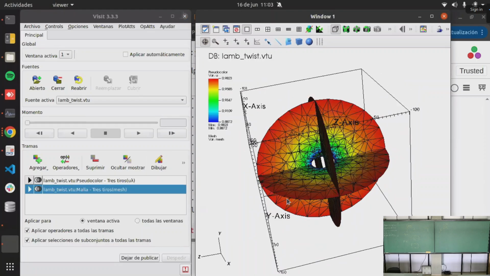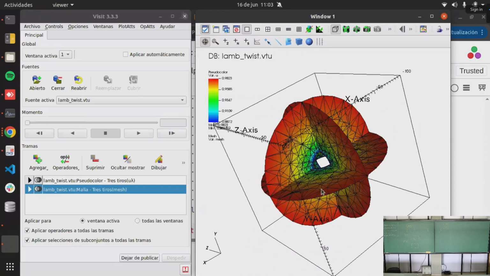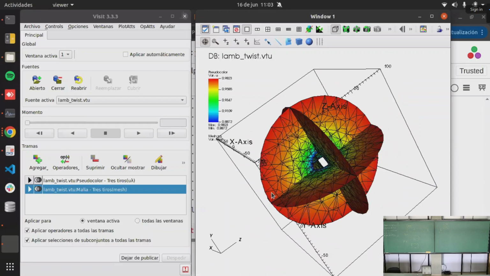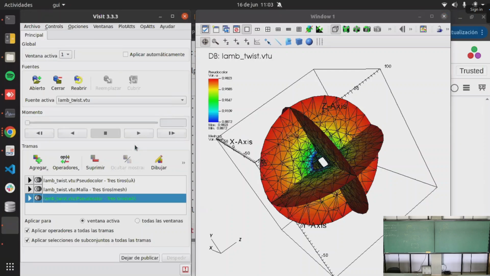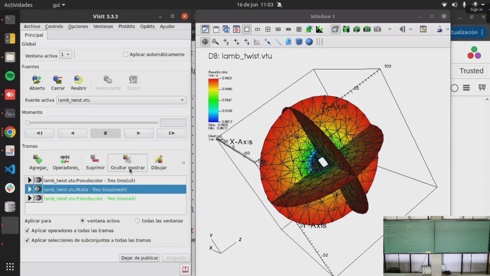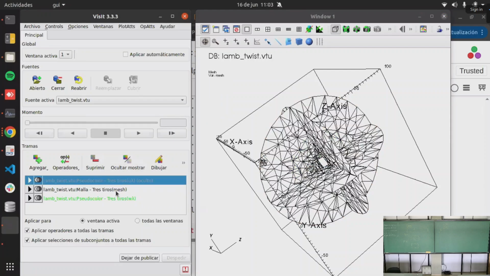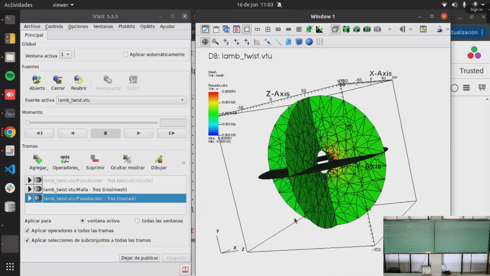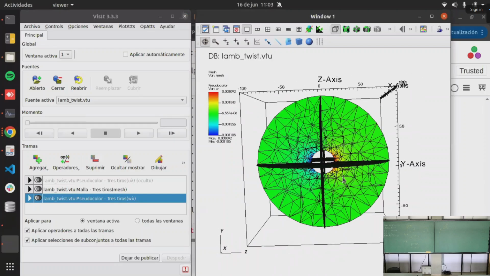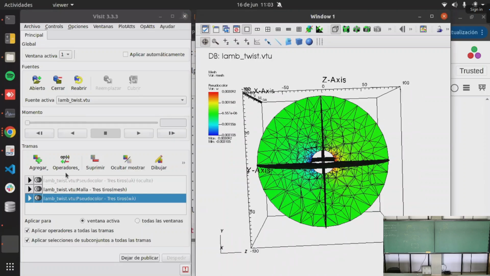It's a big one, it isn't refined. We will also show you the twist, the other field W, and also the error.